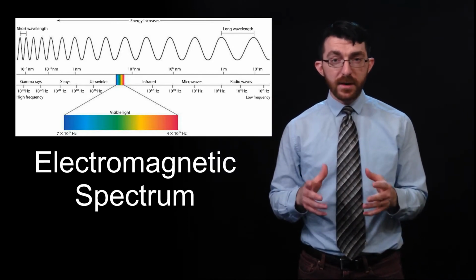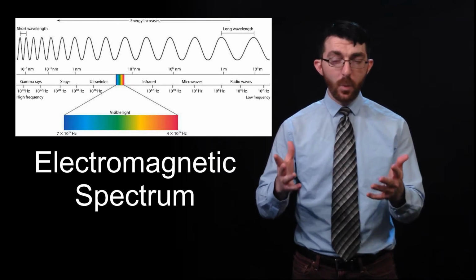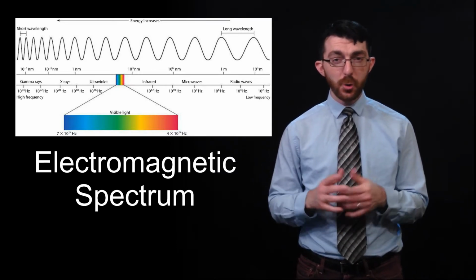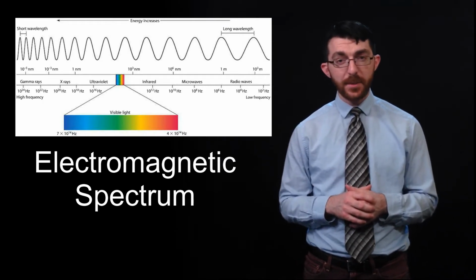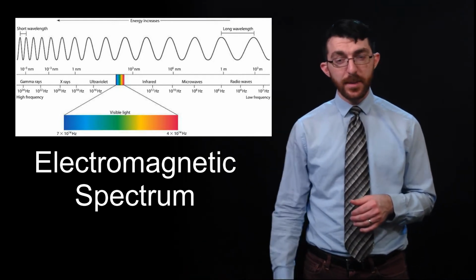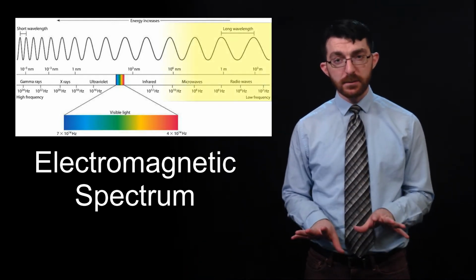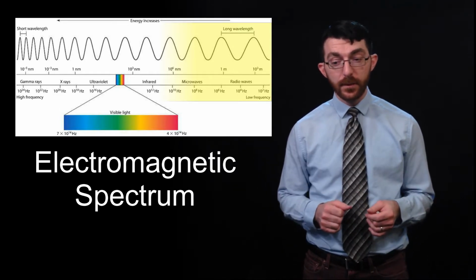Anyway, the various, shall we say, lengths of wavelengths are grouped into categories in what's called the electromagnetic spectrum. Way down at the low end of the electromagnetic spectrum, very low frequency, very long wavelength, we have radio waves.